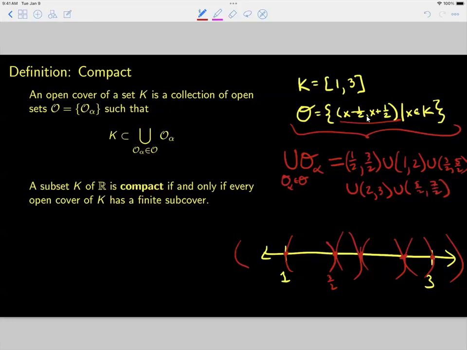Now, it's not always the case that when you take your finite subcover, the union of those things is equal to the union of the open cover. It could be that the open cover was covering up a bunch of empty space, or space that wasn't actually in your set.